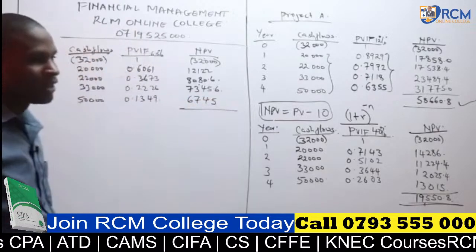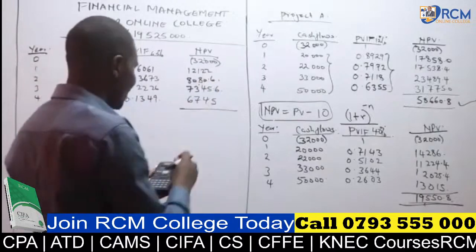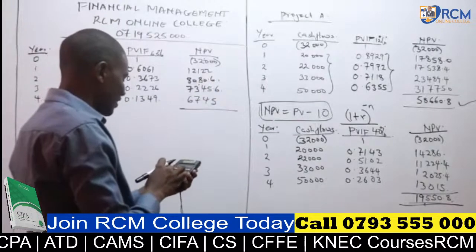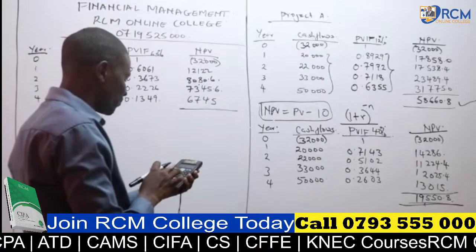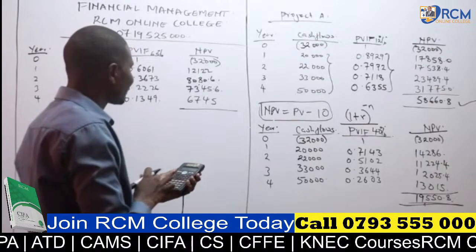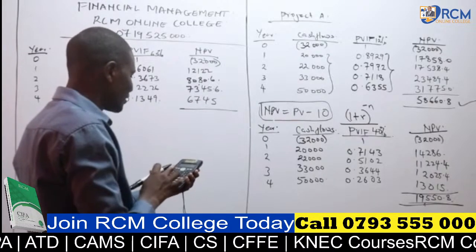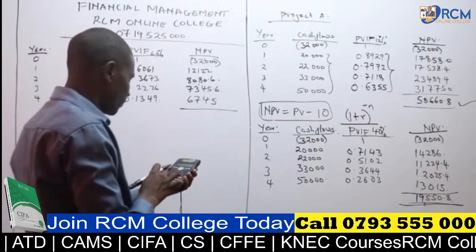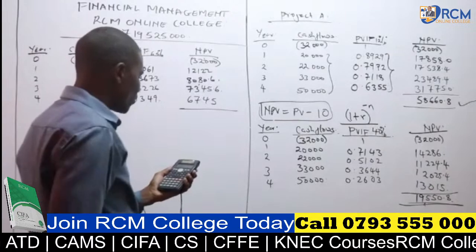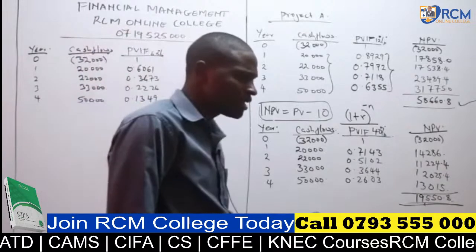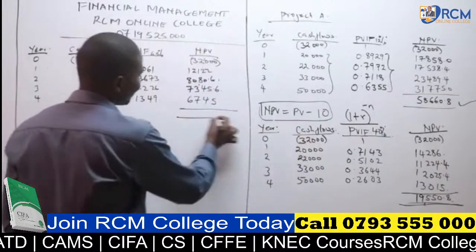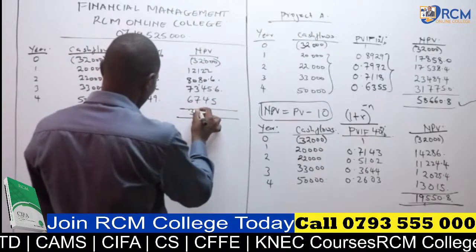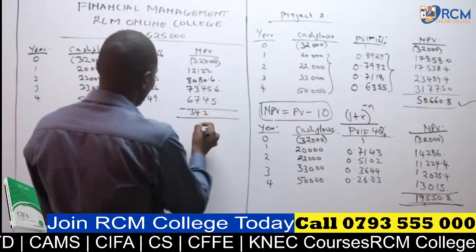Let's add this. This is very interesting. 7,345.6 plus 8,080.6 plus 12,122 is 34. We missed a little.